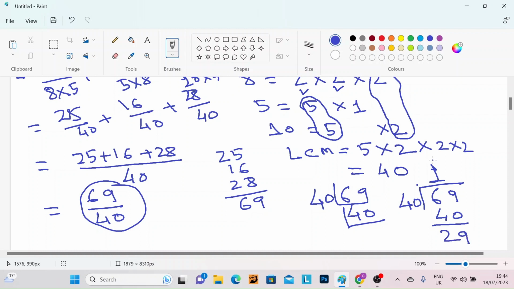So 1 is the whole number, the denominator remains the same, which is 40, and the remainder is the numerator, 29. So both are correct answers, 69 by 40 or 1 and 29 by 40.